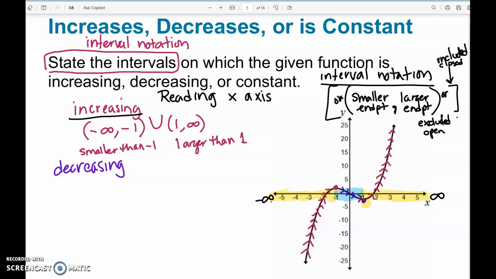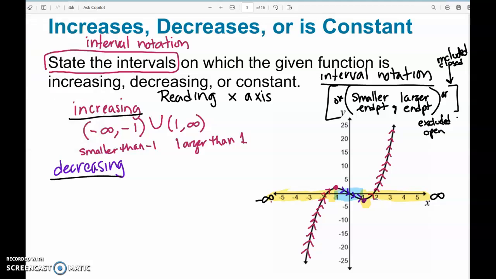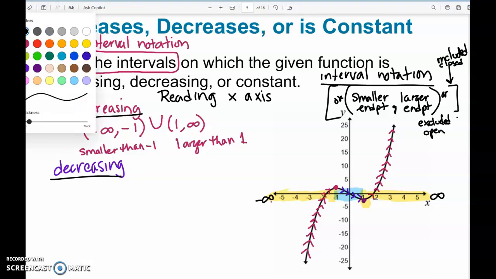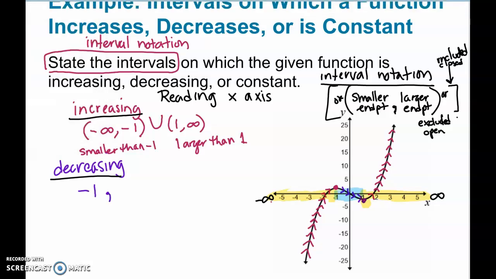both of those pieces. Now, to tell the reader where it's decreasing, we're going to read this little blue section. And so the smaller endpoint would be -1. The larger endpoint is +1. And both of these, remember, the turning point's not included, so we're going to use parentheses.